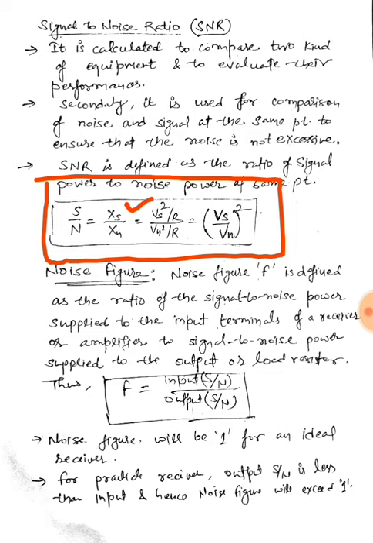So signal to noise ratio would come out to be the square of signal voltage to noise voltage, that is Vs square upon Vn square. So this is how we can calculate signal to noise ratio.